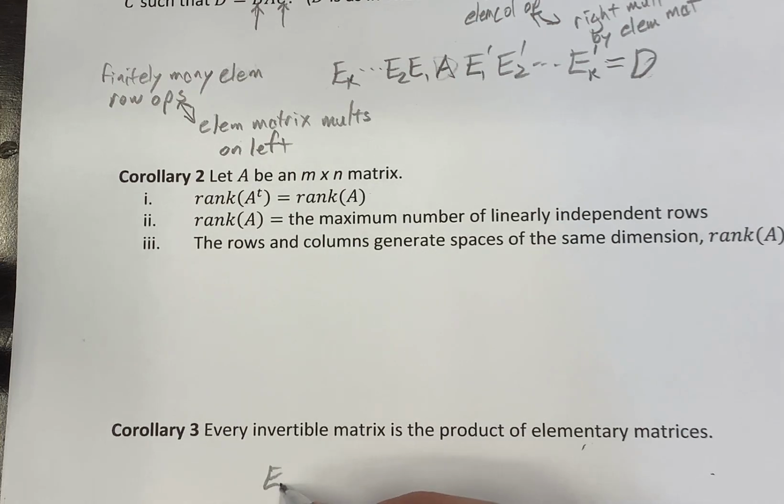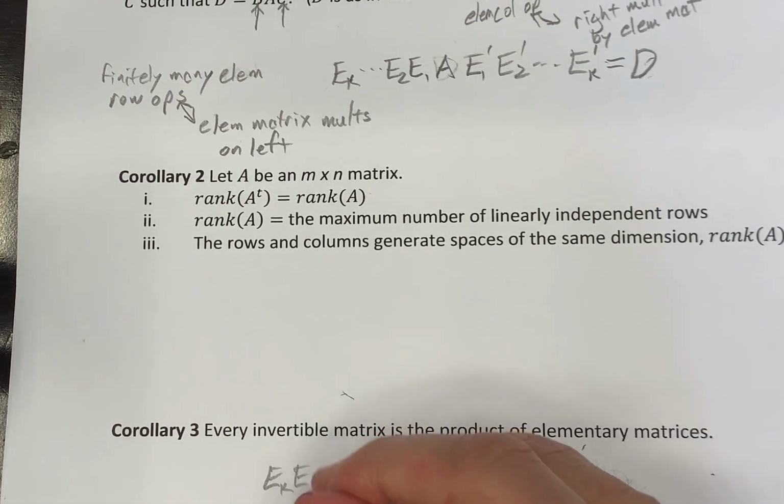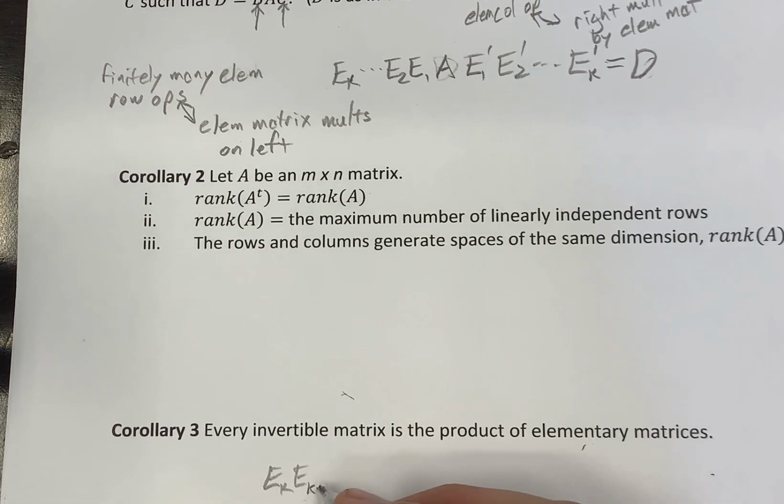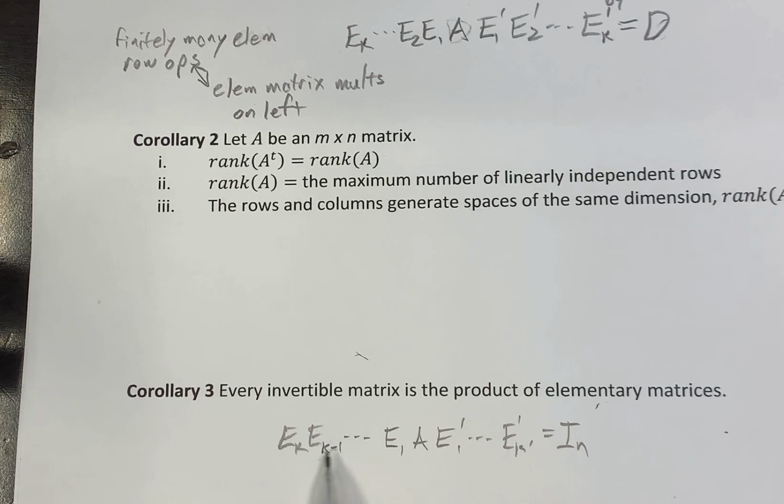So you have something like EK, E2, EK minus 1, down to E1, A, E1 prime, out to EK prime, equals the identity matrix. Well, then what should we do here?